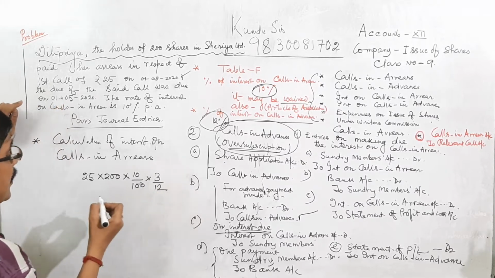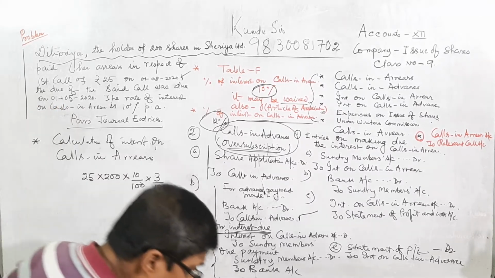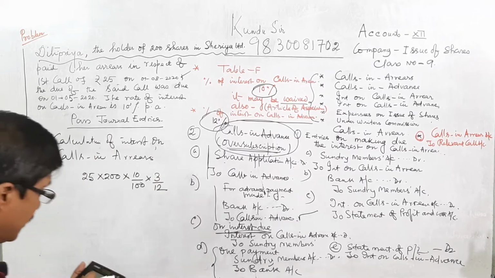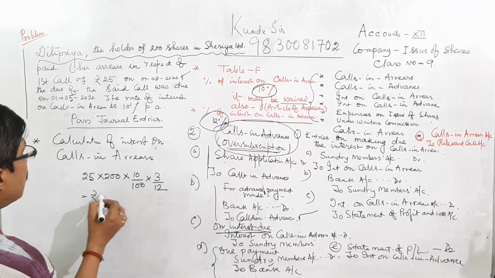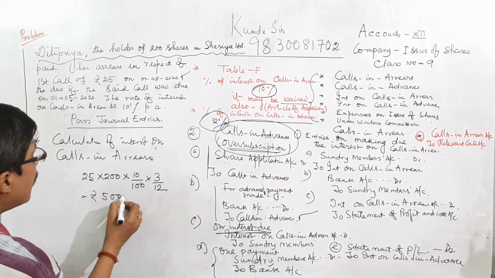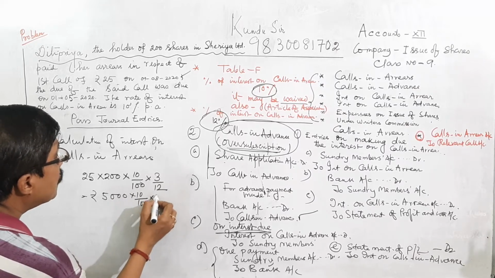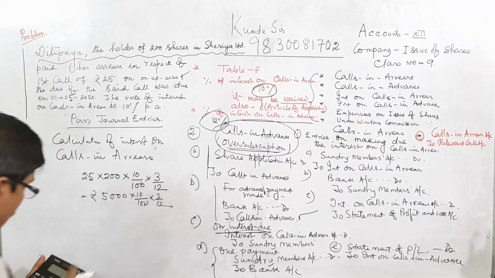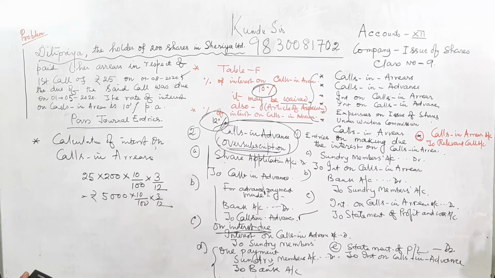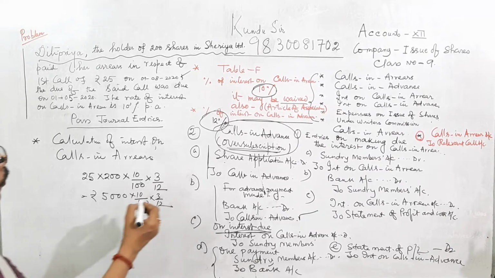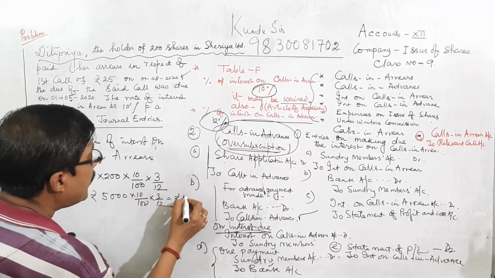Now I am calculating. It is 5,000 into 10% into 3 by 12. Then 5,000 into 10 into 3 divided by 1200. It comes to rupees 125.